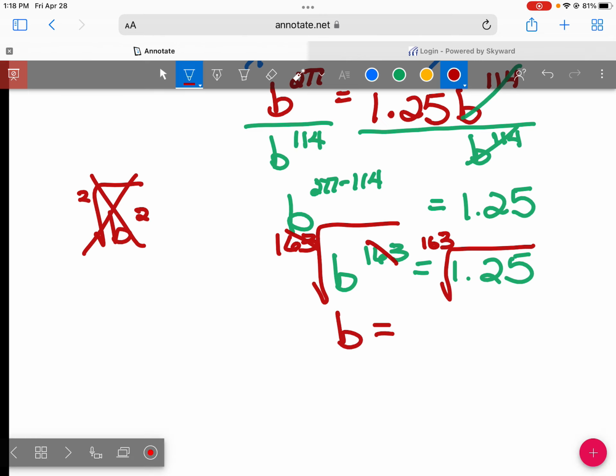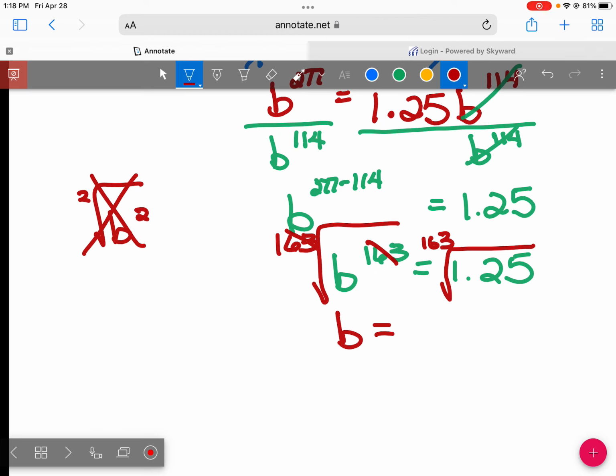B is equal to, and I think I told you how to do this on your calculators yesterday, didn't I? You take 163 first, because that is the root you want to find, and you do second and the caret button because that has the x root, and then you put 1.25, hit enter, and that is your B value.